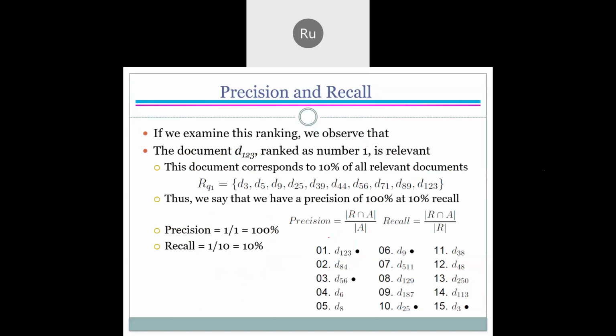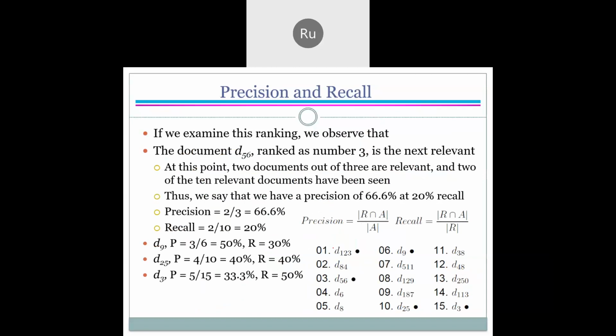So this is the recall and precision when we are here, and the recall and precision when we are here, and so on, here, here, and here. So how do we plot the curve?